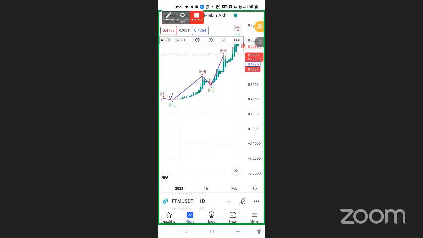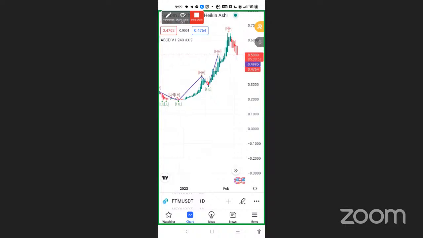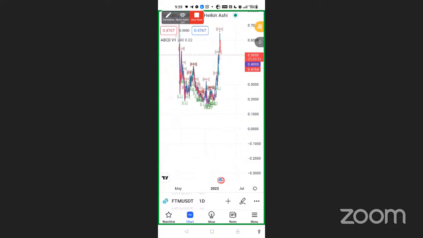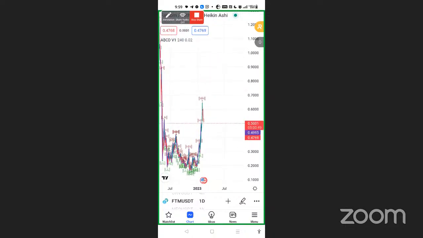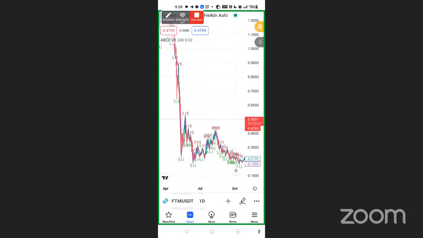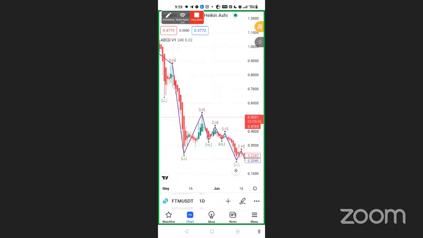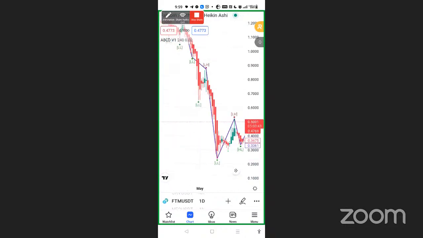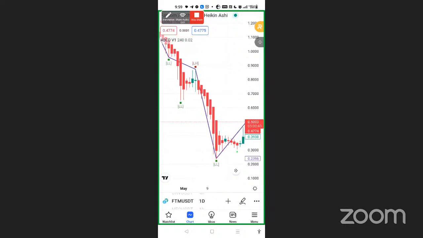Now, when we are looking at the market, we have two directions of the market. The market will always be able to show us whether it is on a downward trend or on an upward trend. The downward trend is very, very important.